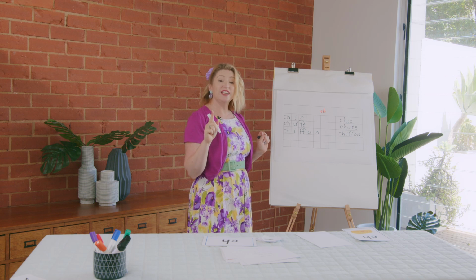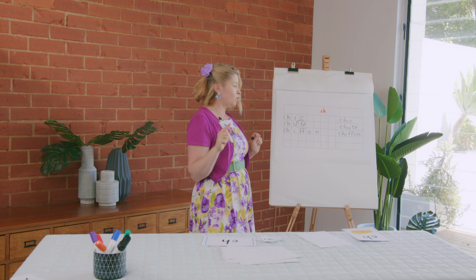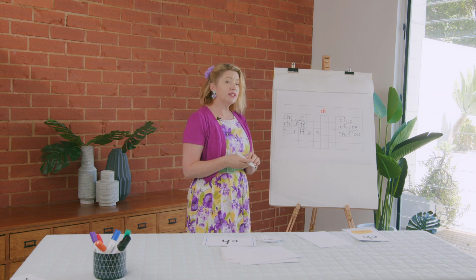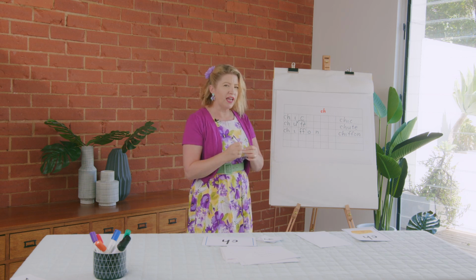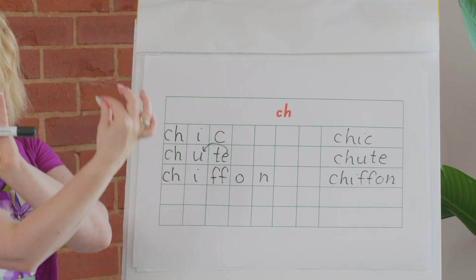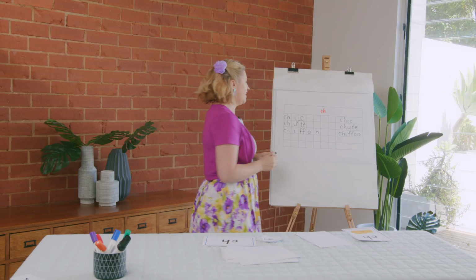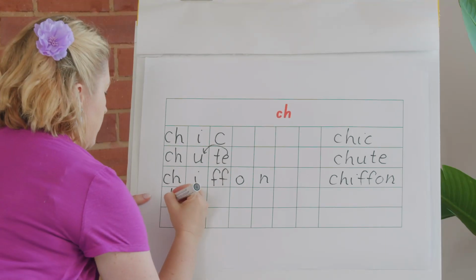Ready? Our last word is going to be bechamel, like the sauce, that white creamy sauce. Bechamel. Tap and say the sounds in bechamel. I think I'm going to need two hands. You ready? B, e, sh, a, m, e, l. Bechamel. Whoa. Have a go at writing it. Say the sounds.